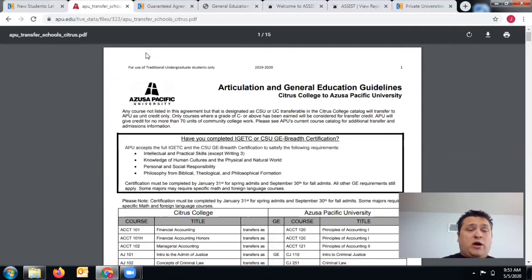And while you want to try and finish community college in 2 years and have as few non-transferable classes as possible, it's okay to have 1 or 2. There's room within your schedule at Citrus, at Chaffey, at Mount Sac, to have 1 or 2 non-transferable classes and still be able to transfer. And so having the opportunity to explore your options while you're in college is a really great opportunity for you. And I would encourage you to take advantage of that.